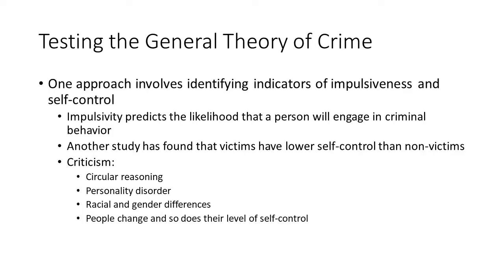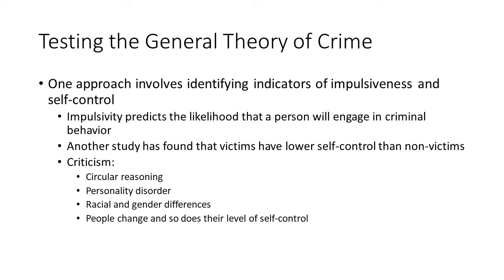So let's look at testing the general theory of crime. There have been a variety of approaches to test this general theory of crime. Some criminologists have identified indicators of impulsiveness and self-control, and then determined whether these factors correlate with measures of delinquent behavior.